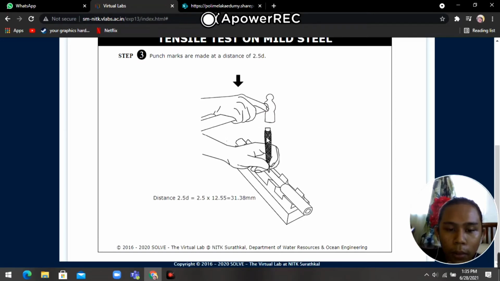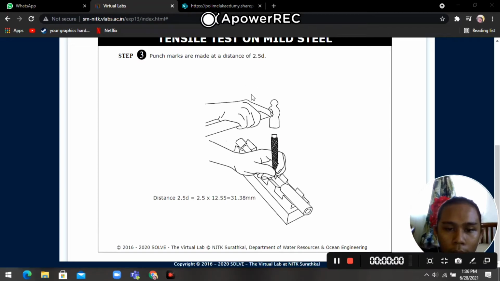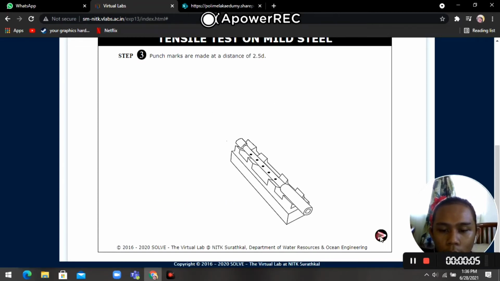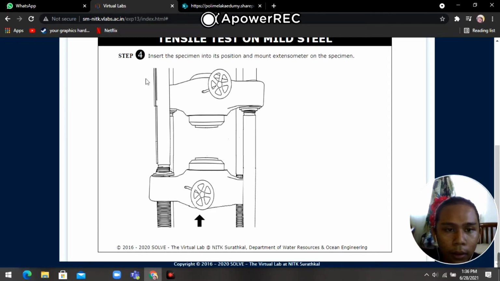Next, step 4: insert the specimen into the position and mount the extensometer on the specimen.